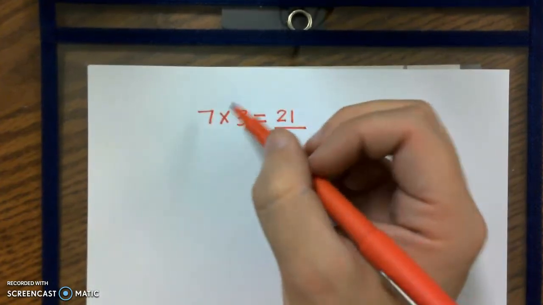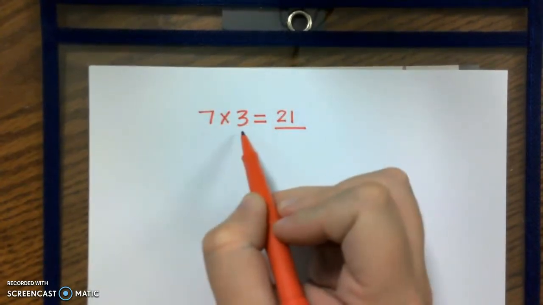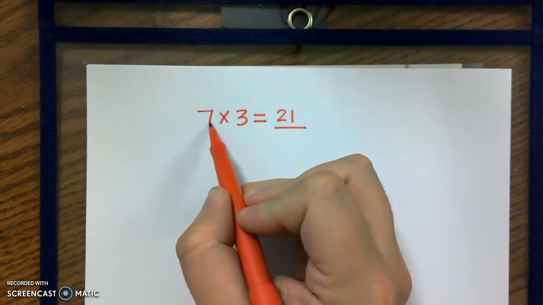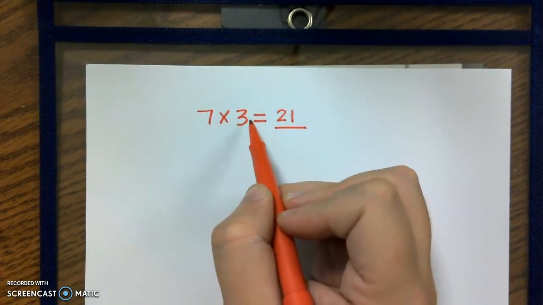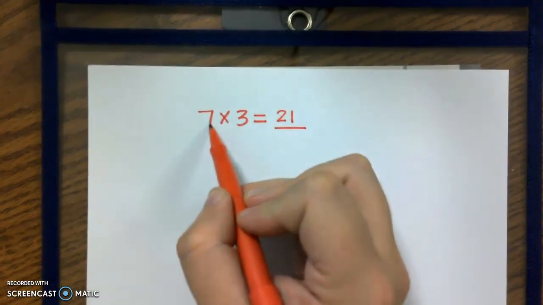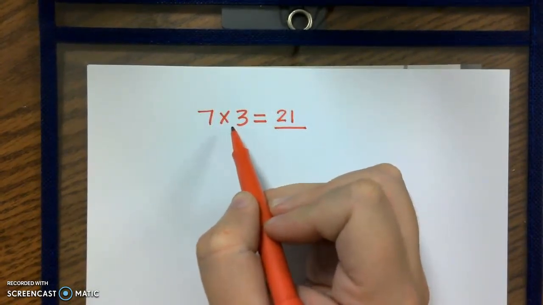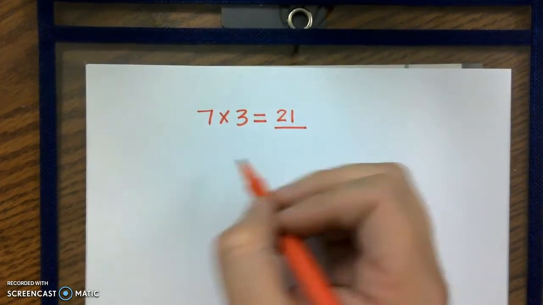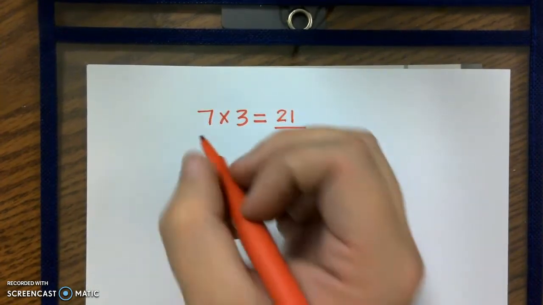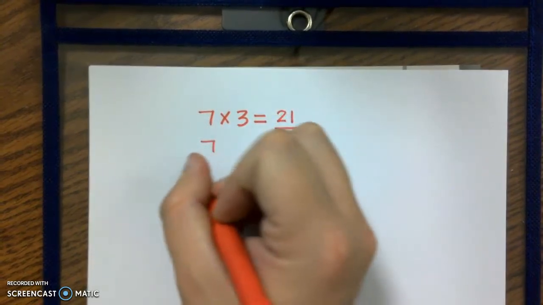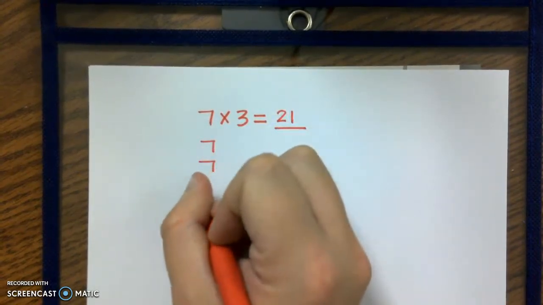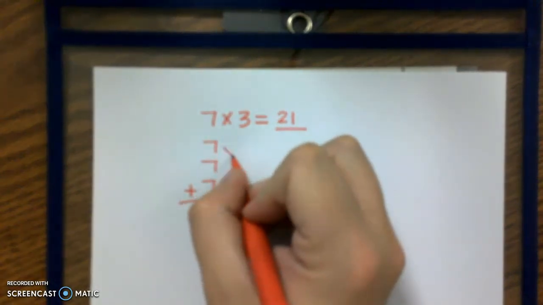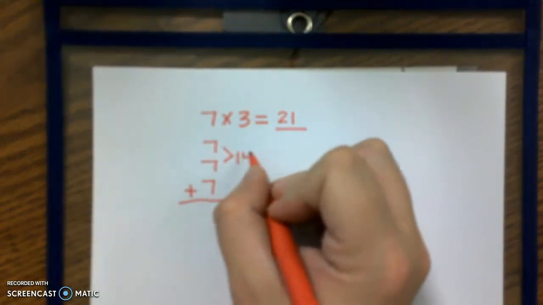Basically what this number sentence is saying is that I'm multiplying 7 times 3. That means I can add 7 three times, or I can add 3 seven times, or I can draw it out and make a picture model. If I add 7 plus 7 plus 7, 7 and 7 is 14.